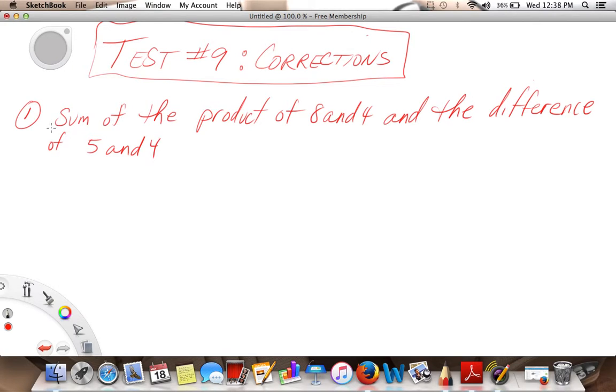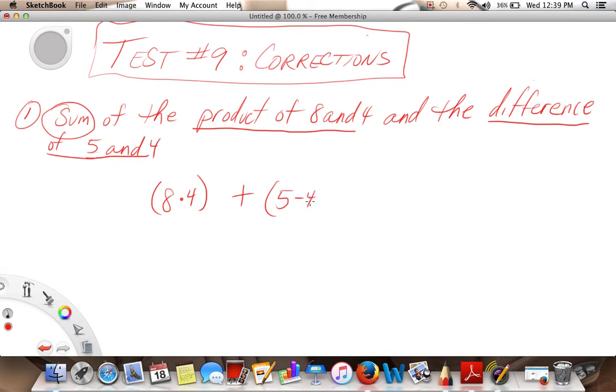Okay, so this is important. We're adding something, that's the sum. So the product of 8 and 4 is 8 times 4, and then 5 minus 4.